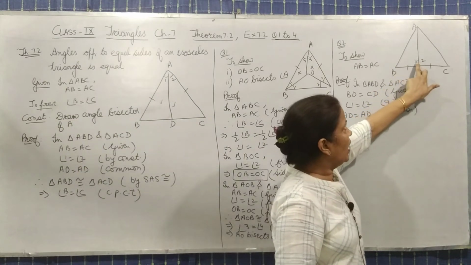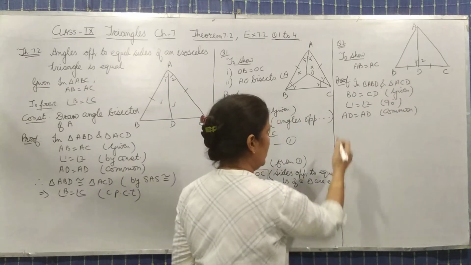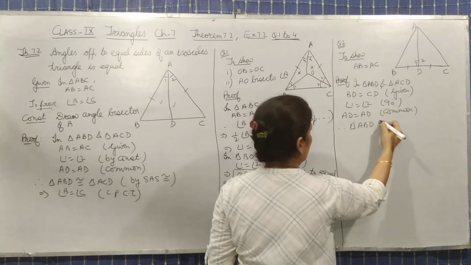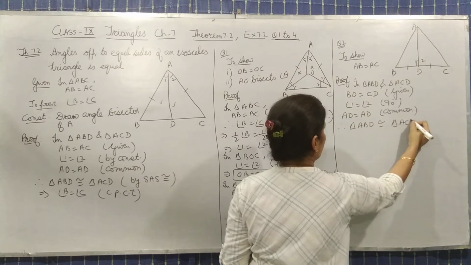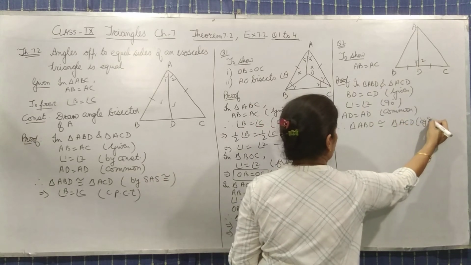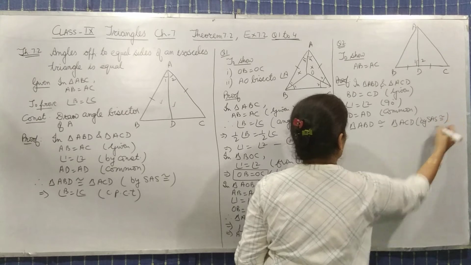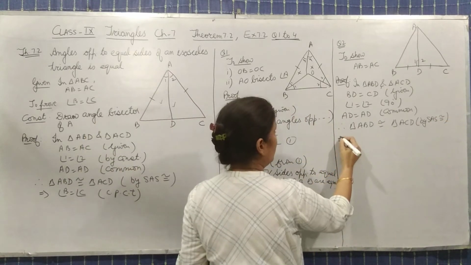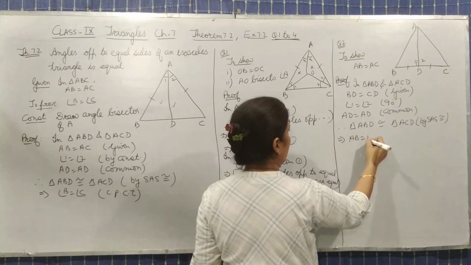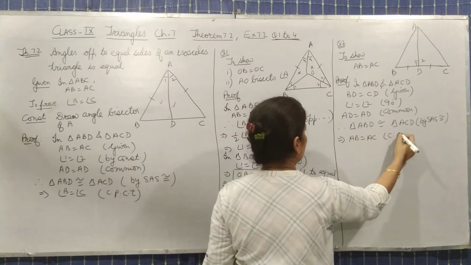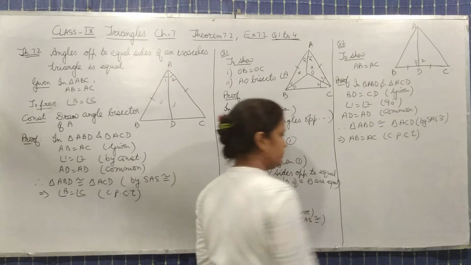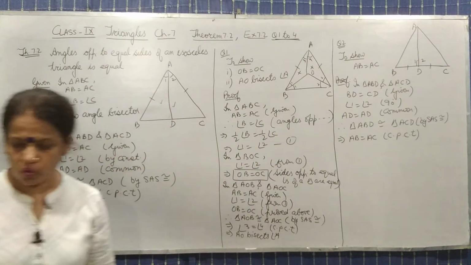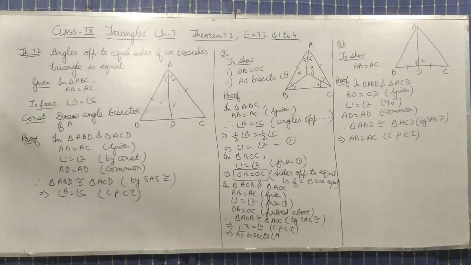Side, angle, side. So therefore triangle ABD congruent triangle ACD by SAS congruency. अब जब triangles congruent हैं, so the remaining parts AB equal AC by CPCT. Is it clear? Now question 3.